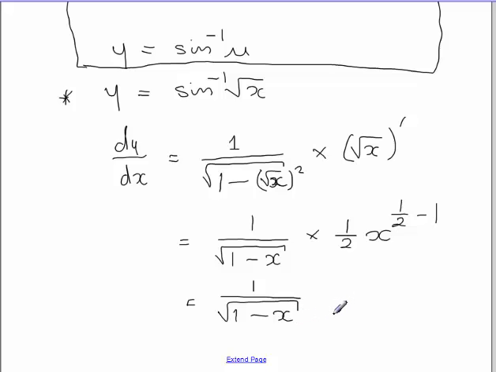Yes or no? Okay. So you square the square root of x there, you must get x. Then here, we're going to have x to the power minus half.